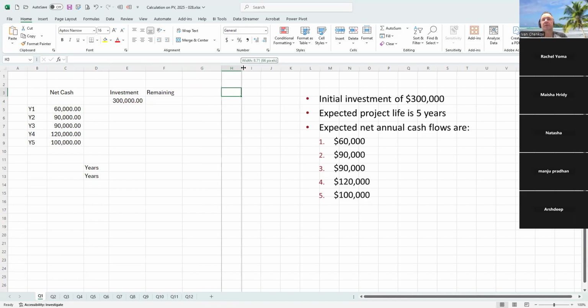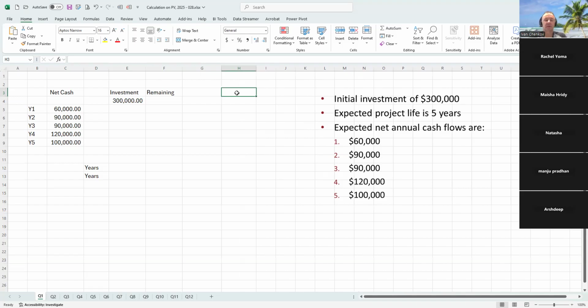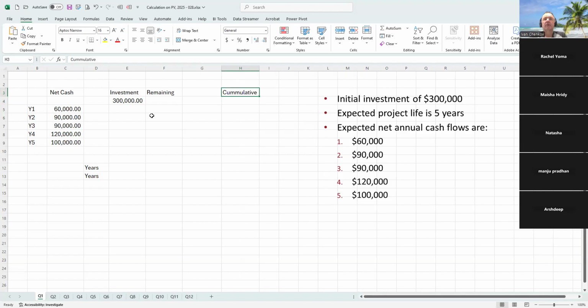Either one works, depending on what you want. Here you can do both. We can get the cumulative and we can get the remaining. So let's go with the investment, 300.